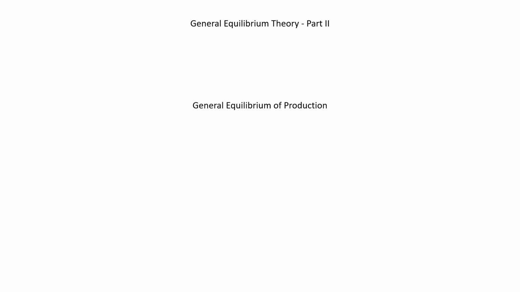Now, these products that are distributed among the two consumers have another dimension, which is with regard to how these products are being produced. The general equilibrium of production investigates the allocation of the different inputs that are going to be used in producing the products which the consumers are buying in the marketplace.